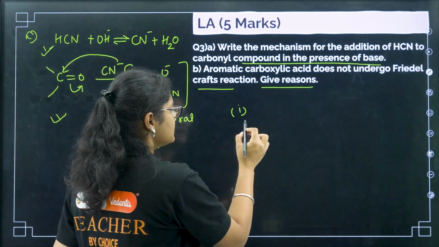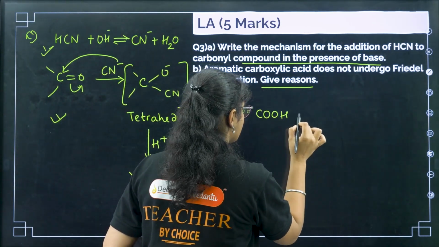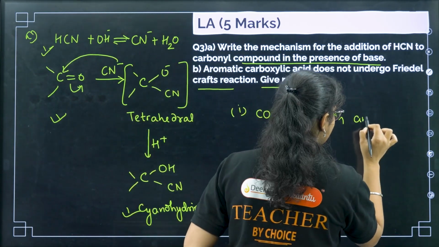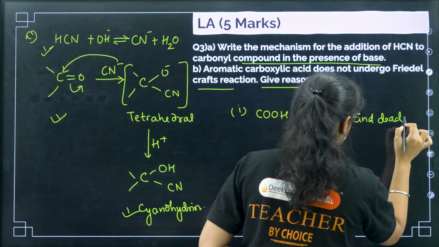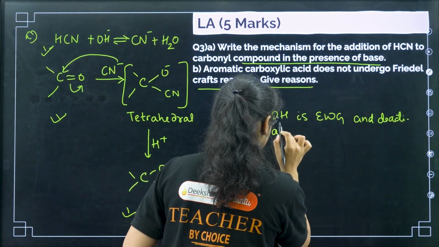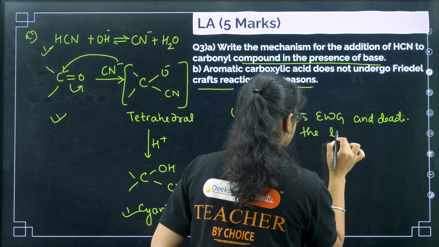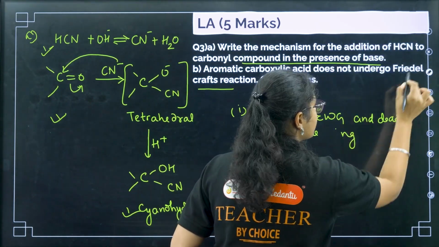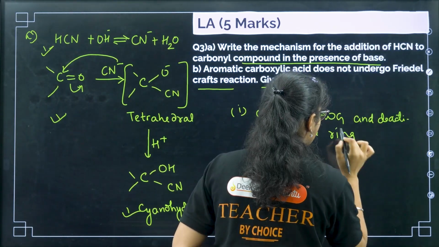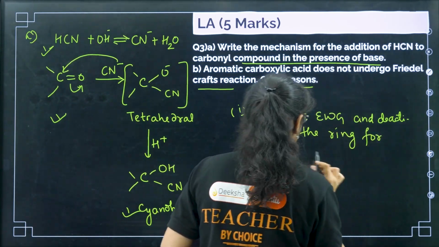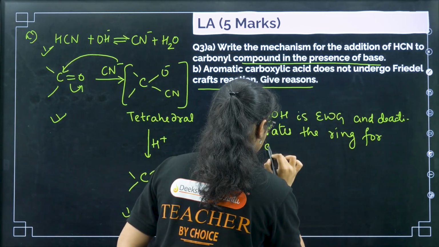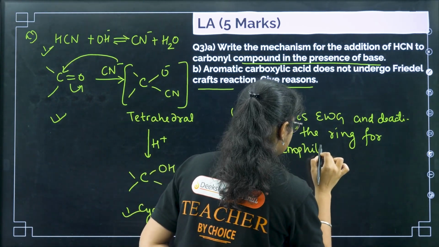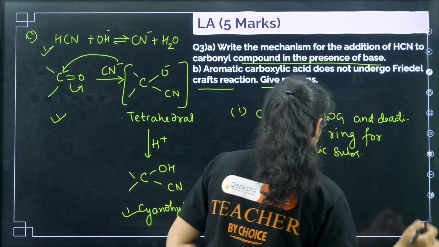The first reason is the COOH group is an electron withdrawing group, and it deactivates the ring for electrophilic substitution.